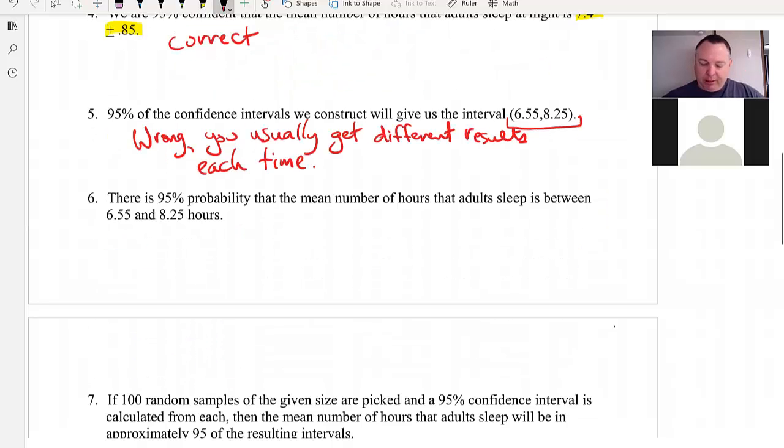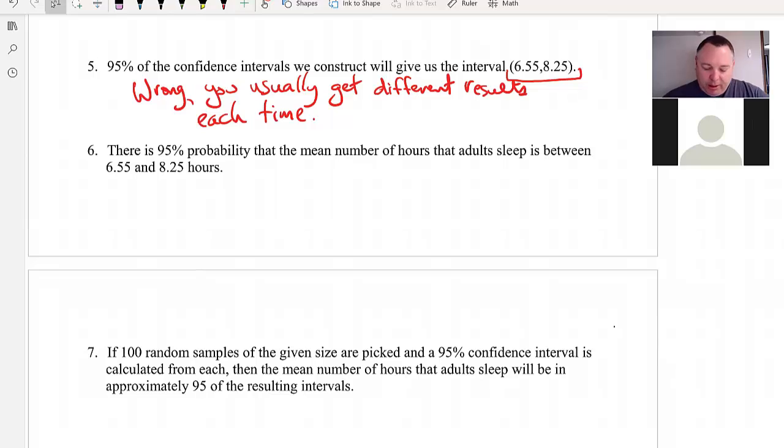Okay, number 6. There's 95% probability that the mean number of hours that adults sleep is between 6.55 and 8.25 hours. This is wrong. The problem here is the word probability. You're saying probability for something that might or might not have already happened.